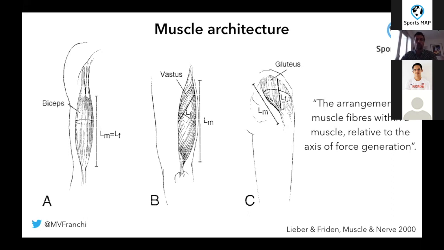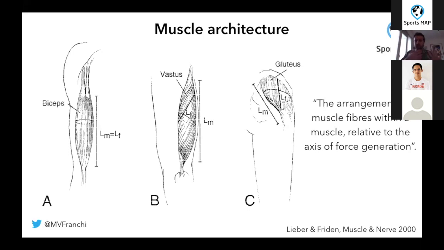What we have to keep in mind is that within individuals of a similar species, for a given muscle, architecture is actually quite consistent. It's not that my vastus lateralis will be very different, at least in architectural arrangement, from someone else's.